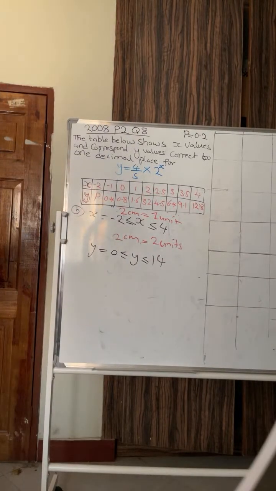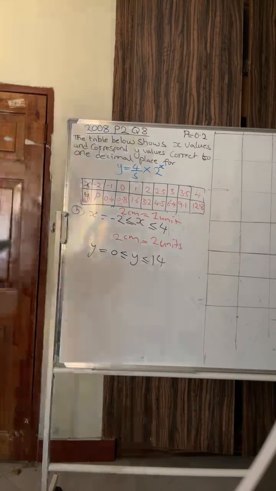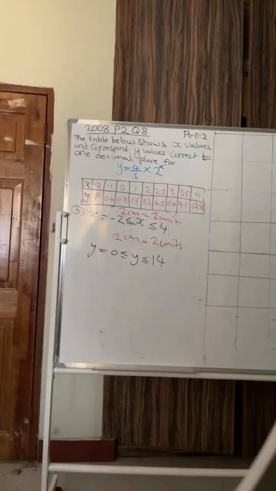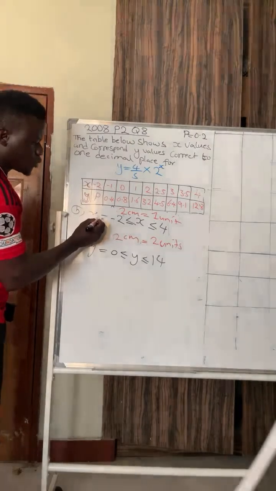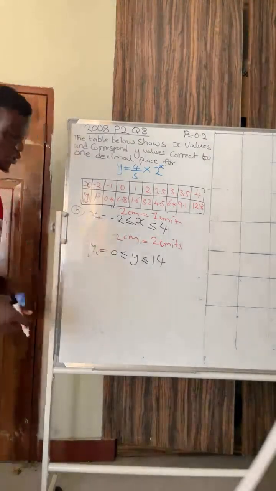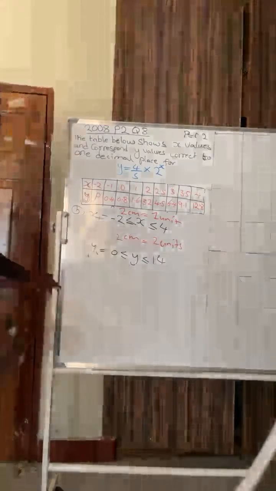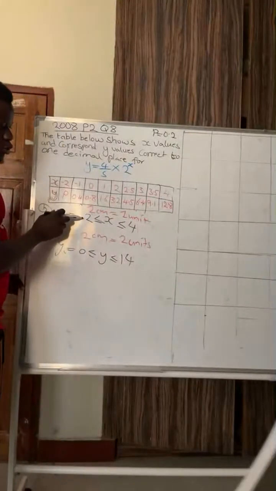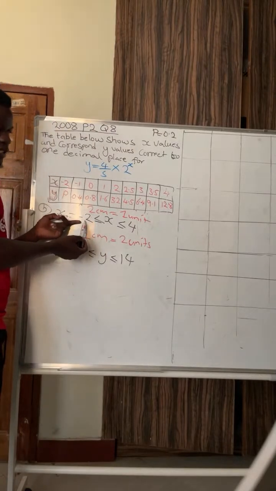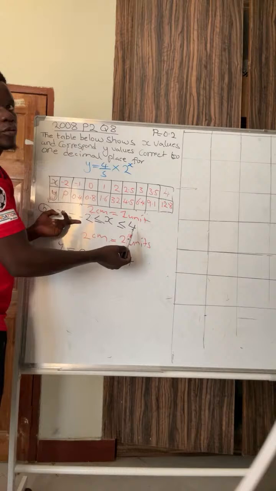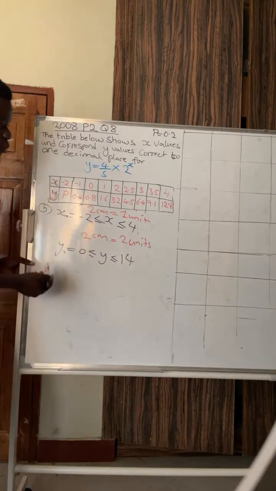For the x-axis, since it is less than or equal to, you start at -2 up to 4. This is my x-axis.